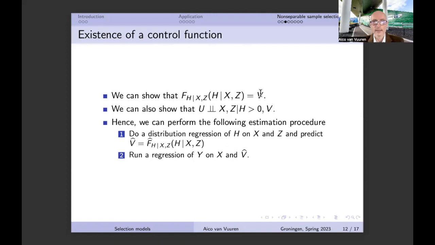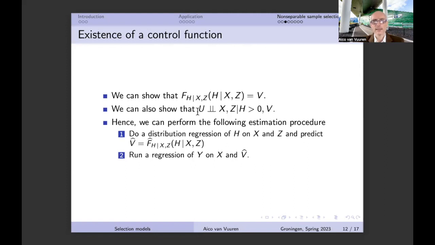And the reason behind that is that V is of course unobserved. V is unobserved, but even though the left-hand side over here is also unobserved, because we do not know this distribution function, we can in fact try to estimate it.